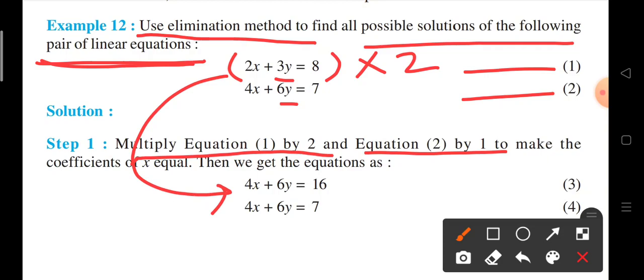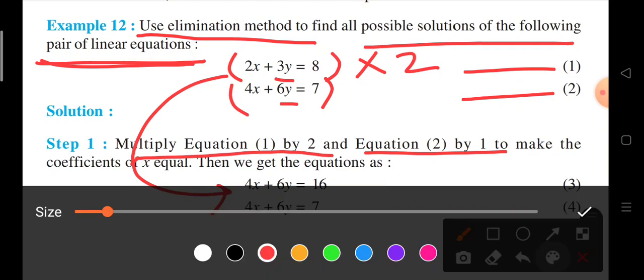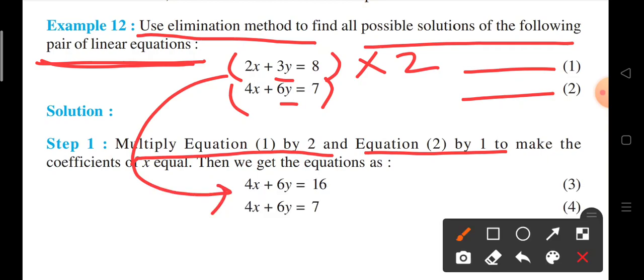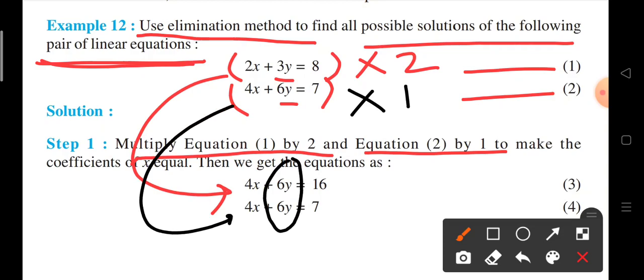The y variable has coefficient 6, so if we multiply the second equation by 1, it will remain the same. Now we can see both the coefficients of variable y in the modified equations 3 and 4 are equal. Now they can be eliminated if we subtract.